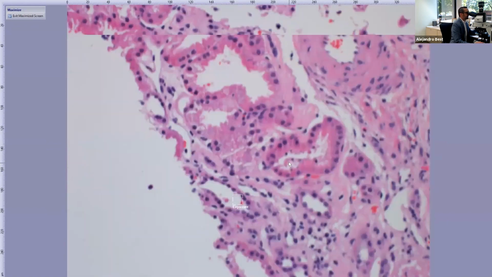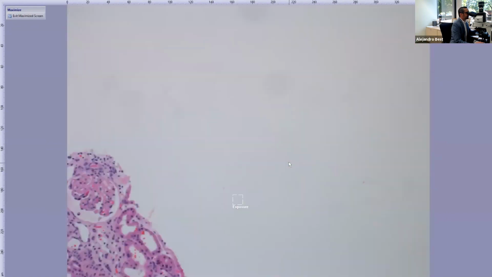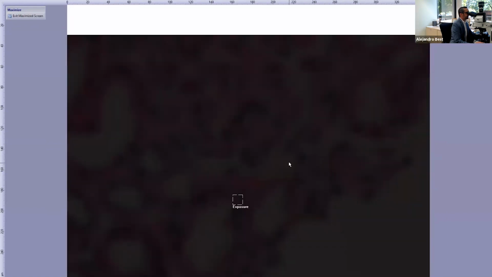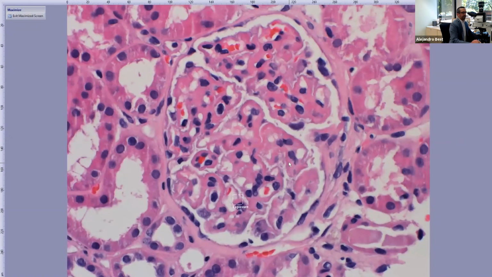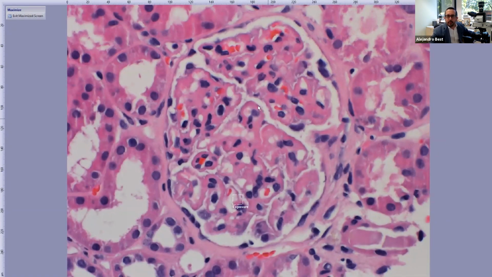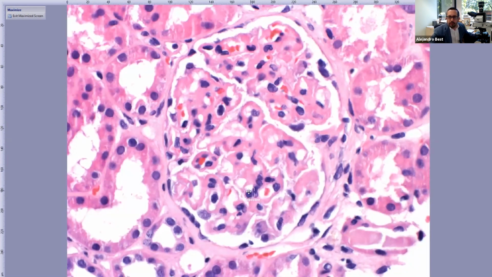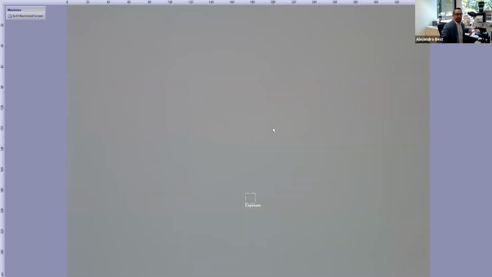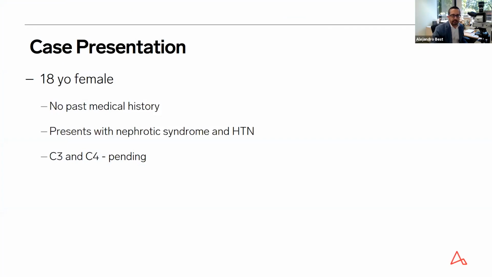I'll find the same glomerulus. And again, I hope you can appreciate how thick these capillary loops are. And this material or this morphology that I was describing under H&E is eosinophilic and looks very glassy, kind of refractile. All right. So if we look at the immunofluorescence, obviously, continuing the theme, it's C3 only.